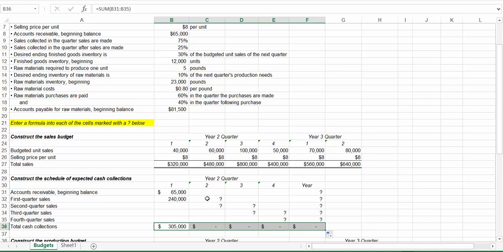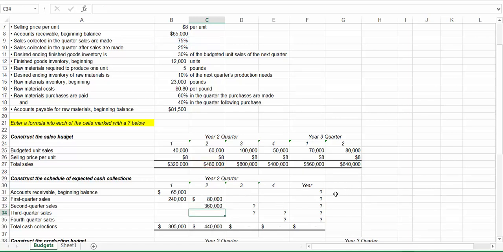All right, let me do one more. So here we're going to have the other 25% of the first quarter sales. So this is equal to first quarter sales times 25%. And then the second quarter sales, 75% of the second quarter sales will go here.